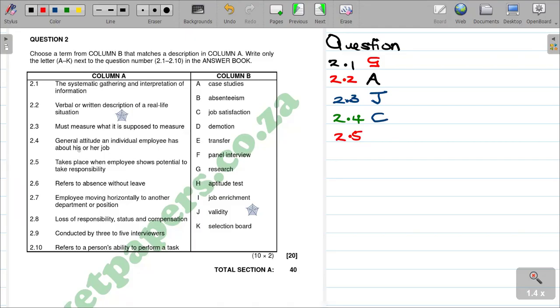It takes place when employees show potential to take responsibility, right? What takes place when employees show potential to take responsibility?